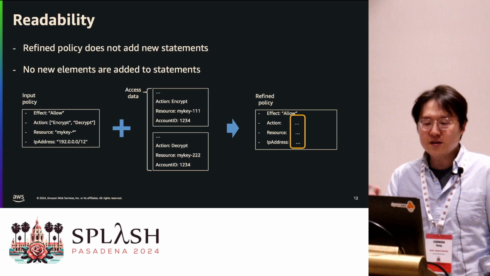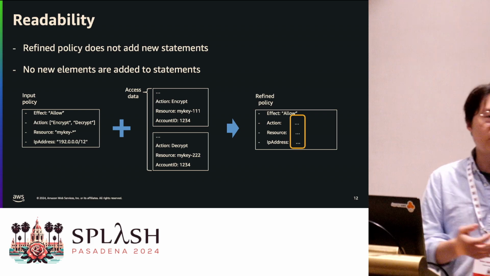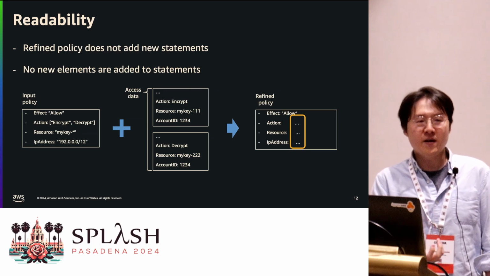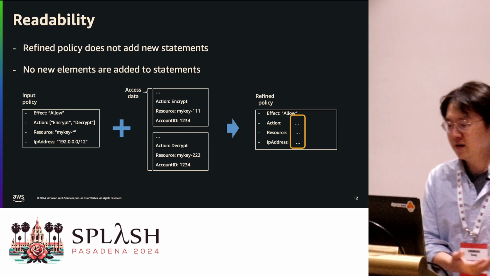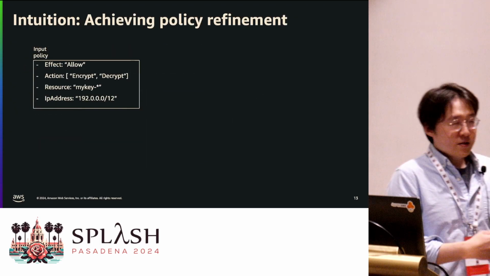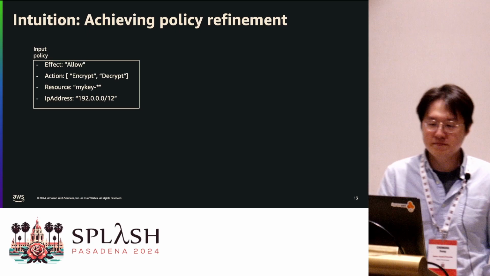So basically, this readability keeps the syntactical structure of the input policy by avoiding the overfitting issues. And this property limits the policy refinement in a specific way, since we only need to refine the existing element patterns. So let's talk about how to achieve this readable refined policy.